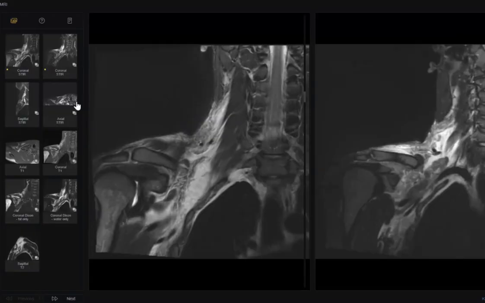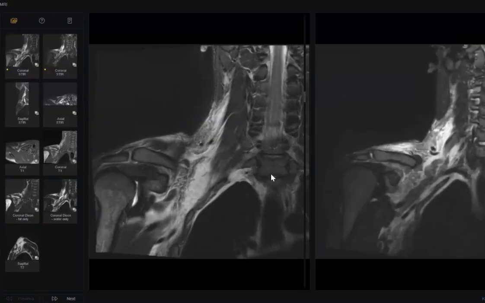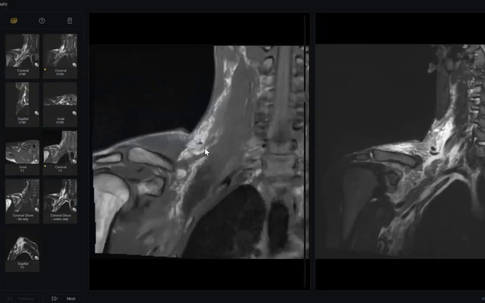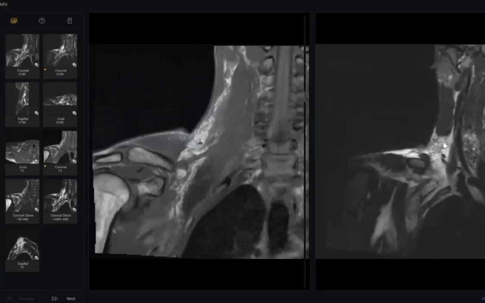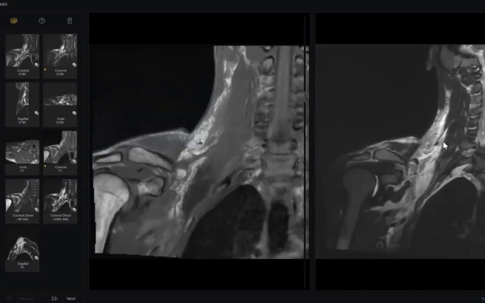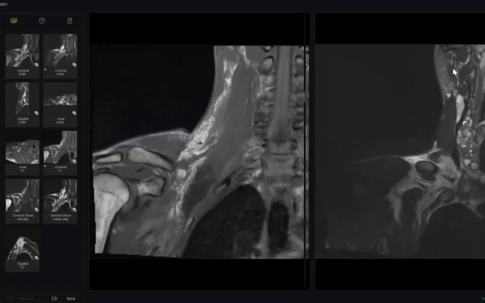Where is the STIR? I think both of them are STIR, doctor. Because this now is T1. This is fat. What happened here? I think this is not STIR.